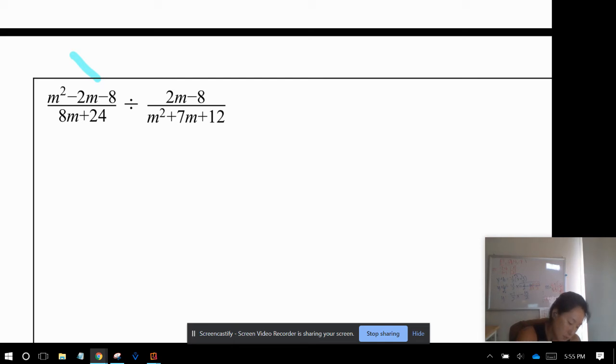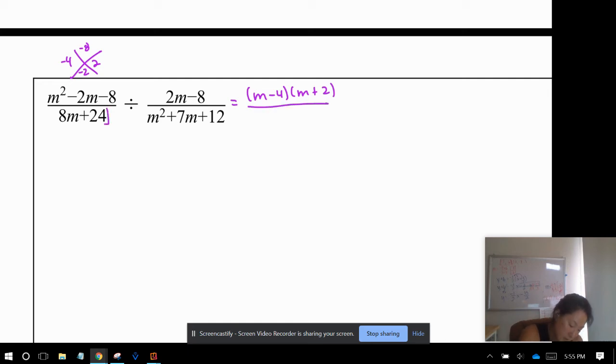Okay, negative 8, negative 2. So I get negative 4 and 2. So the top factors to m minus 4 times m plus 2.